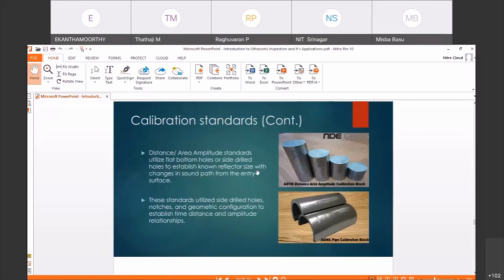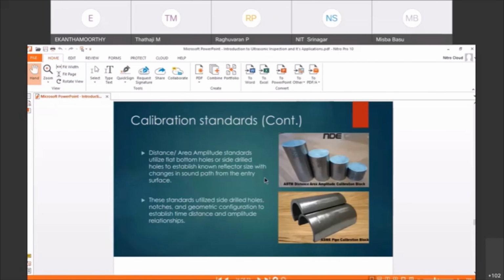This one is DAC. DAC is distance amplitude correction. Suppose, for example, when we are going to higher depth, as I told, an attenuation issue will come. But even when going to higher depth, the same defect signal should appear. Consider a 1 mm side-drilled hole, with holes made at different depths, one at 5 mm, one at 10 mm, one at 15 mm, for example.